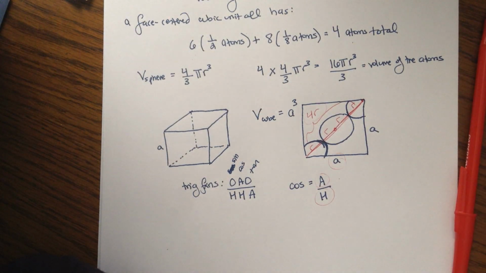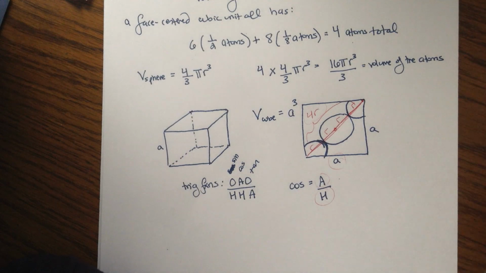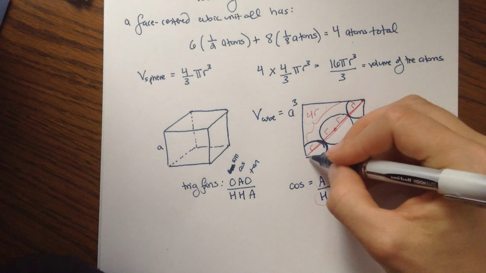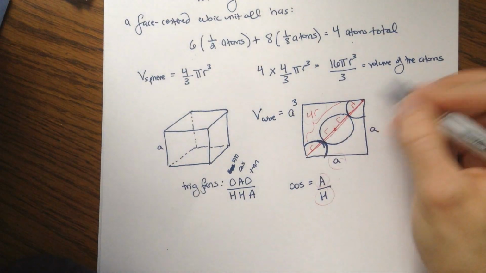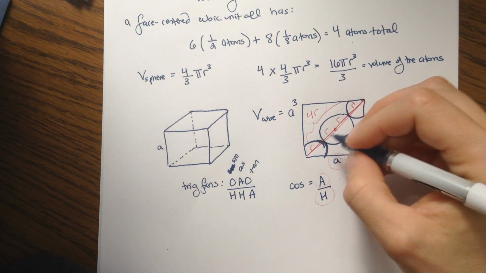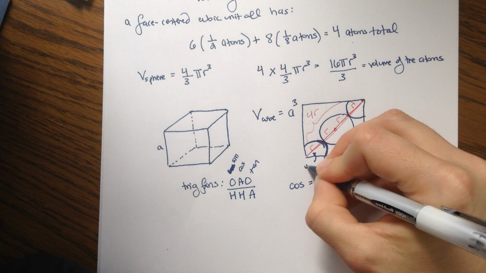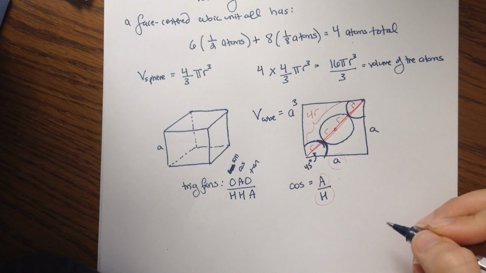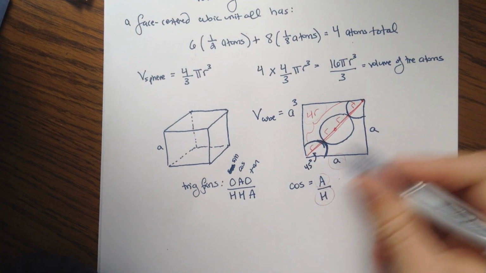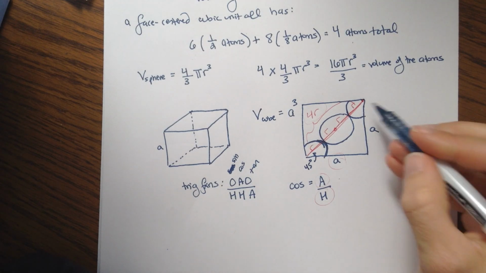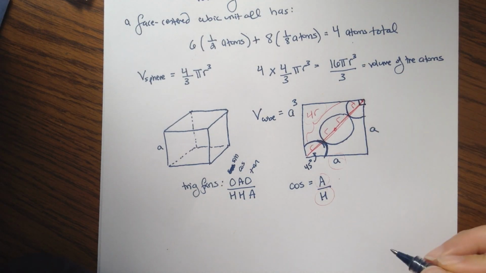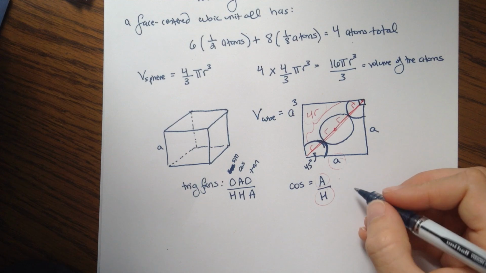Now in order to do that, we need to know the measurement of each of these angles. Here we're bisecting 90 degrees when we're making this line. So each of these angles is 45 degrees, again, because we're bisecting a 90-degree angle here. This is 90 degrees. Now I need to remember my trig functions.